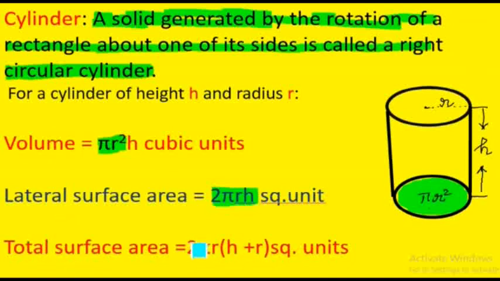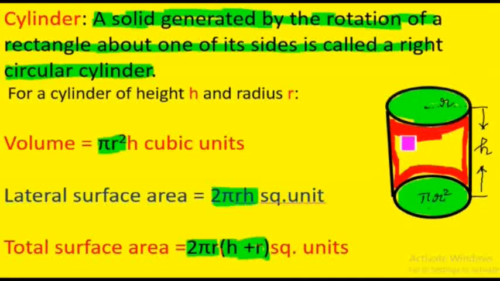Total surface area, formula is 2 pi r into h plus r. So what is this? Total surface area means if we are going to include this circle and this circle and this curved surface, we get the total surface area of the cylinder.